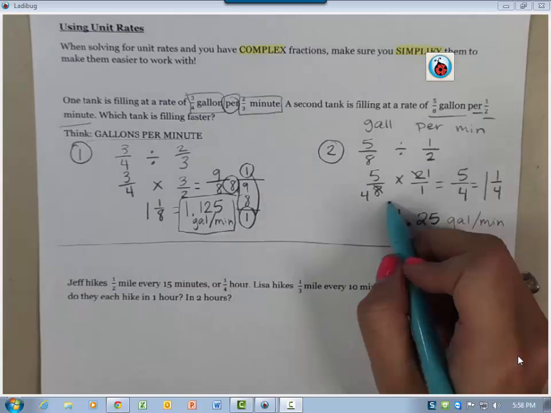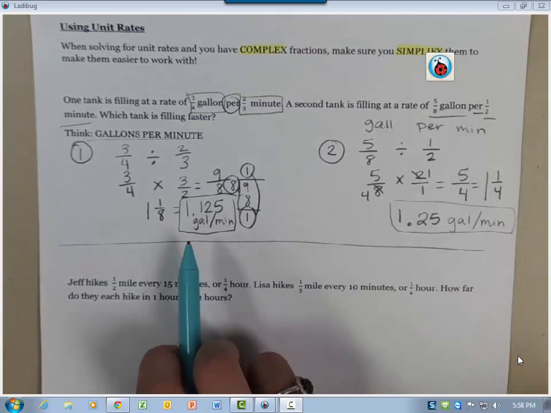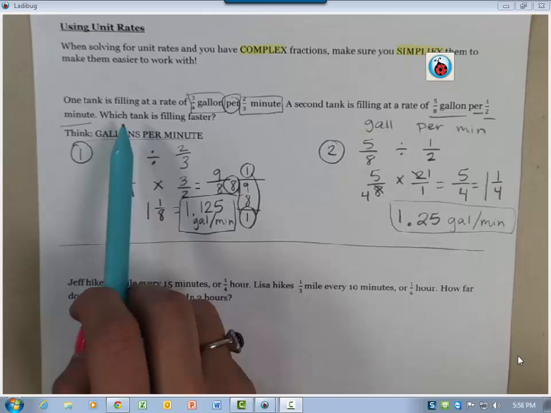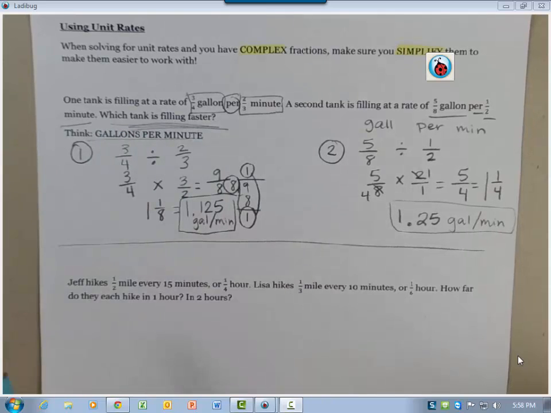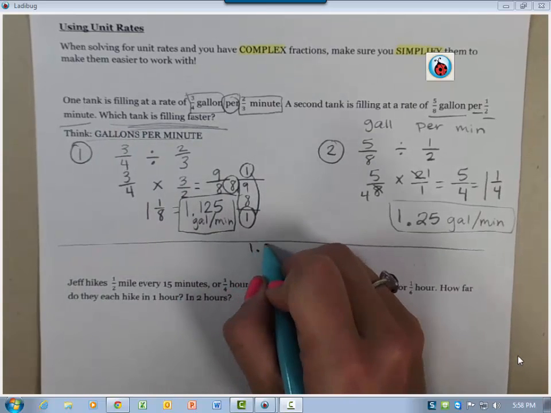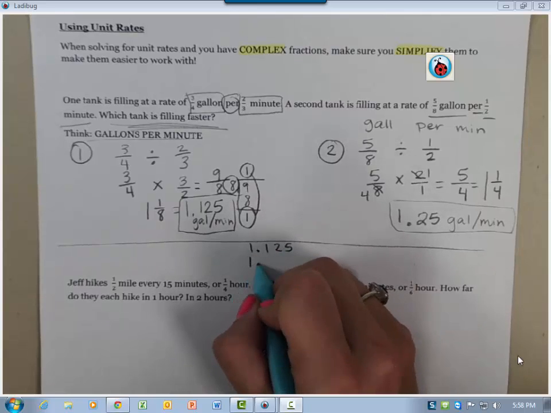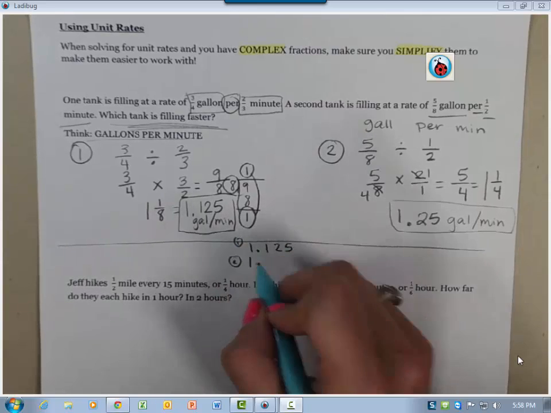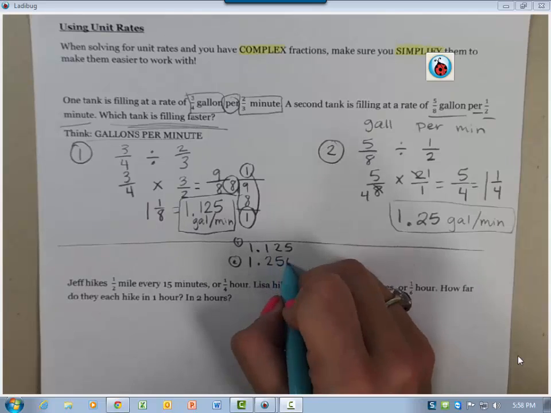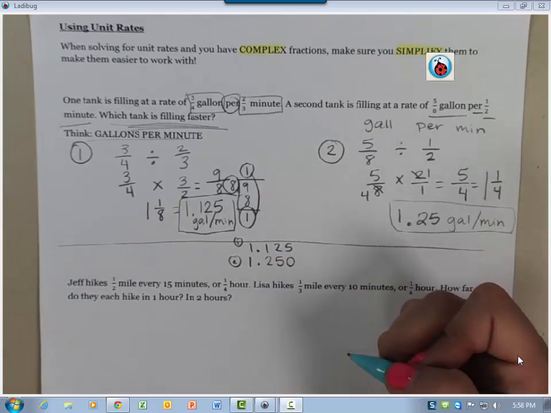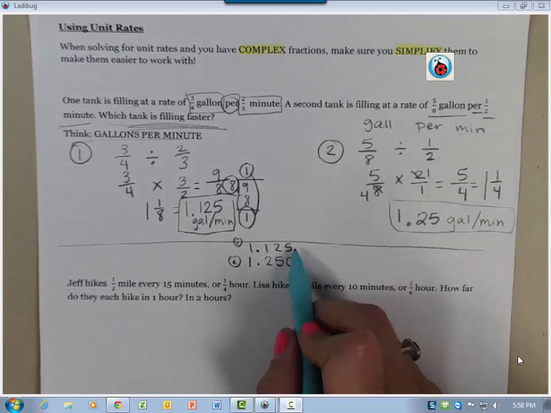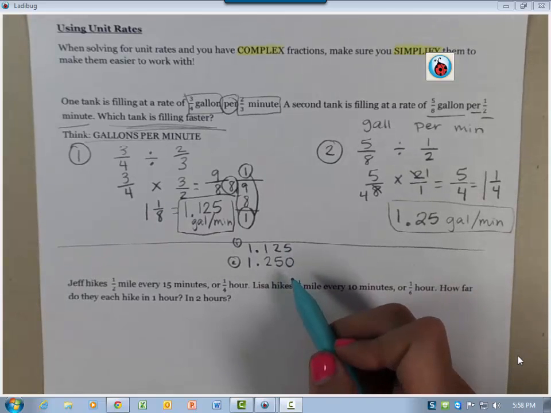Now, the question isn't asking you how fast is that one and how fast is that one. The question is asking which one is faster. So you need to compare. So I'm going to rewrite my decimals down here. I have tank 1, tank 2. Now I put an extra 0 there so everything's lining up. Cover it up.